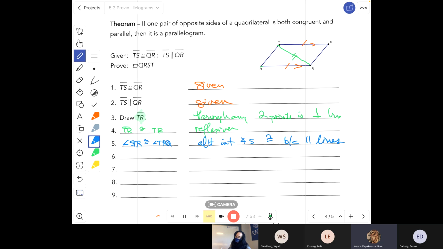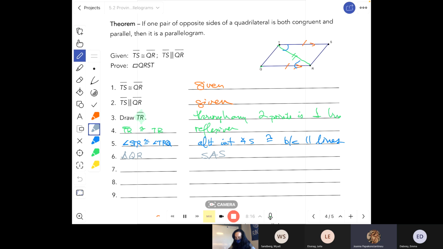So now that we have these angles, STR is congruent to TRQ, I have side, angle, side, right? And so I can say based on that, that those two triangles are congruent.